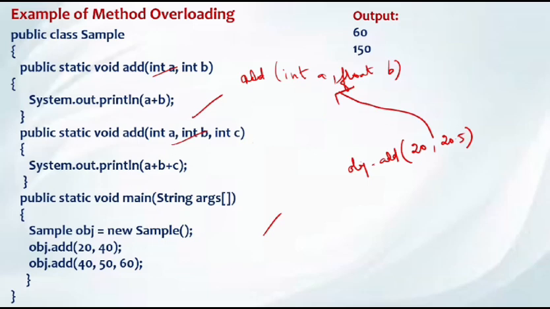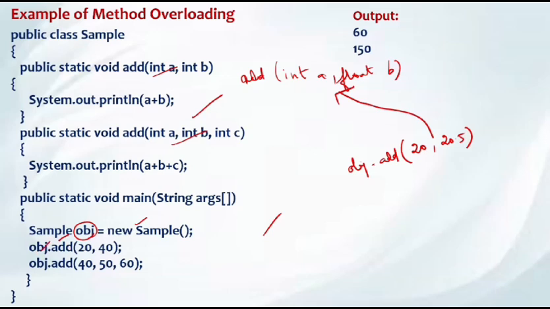Now let's see what happens in the main function. Public static void main String args is a default statement we use with the main function. Here we are creating an object for the class Sample. Sample is the class name and obj is the object name, and we are creating a new instance space for the class Sample. Using that object name, we access the function add.